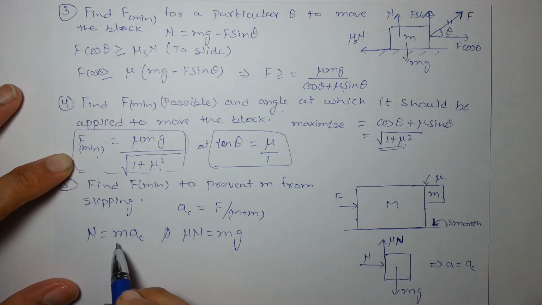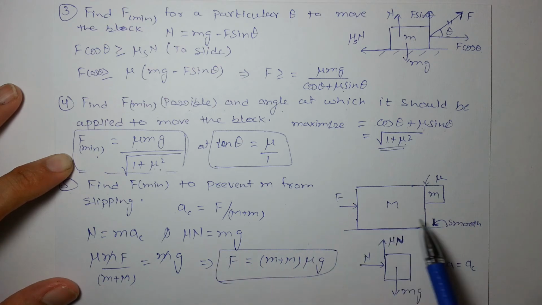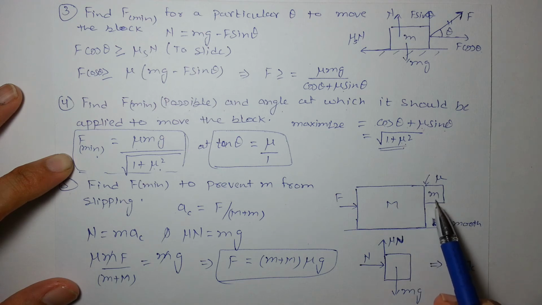So just by putting the value of N here, we get mu m times A common, where A common is F by (M plus m), equal to mg. F is nothing but (M plus m) g into mu.